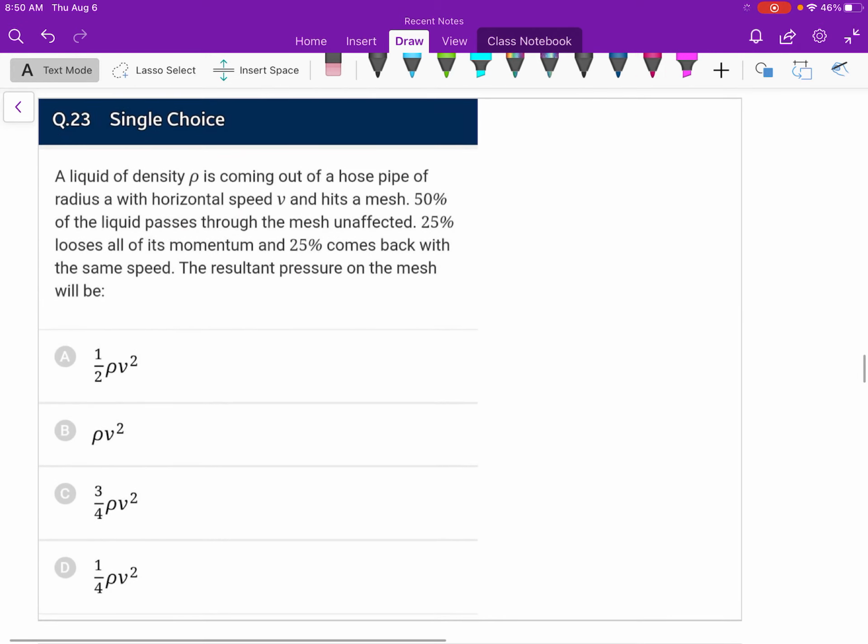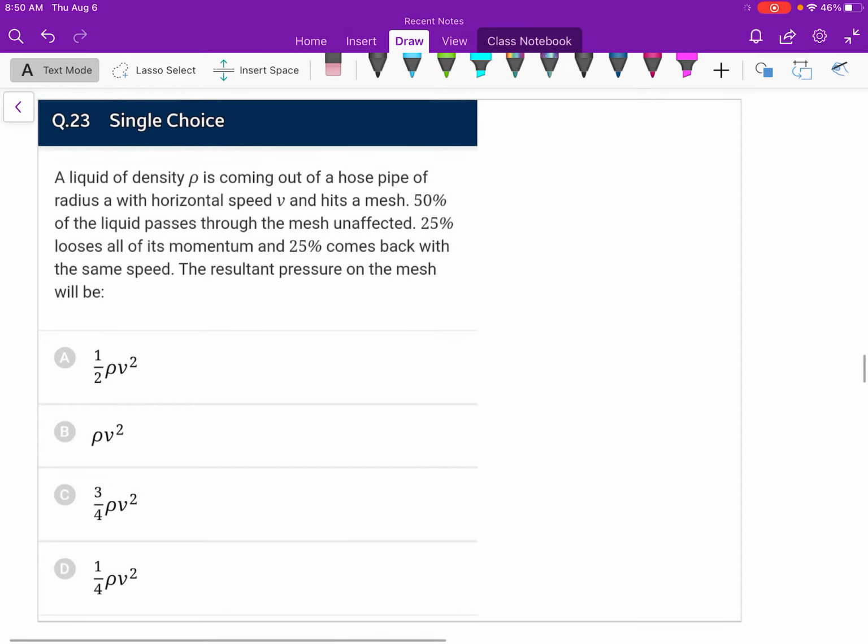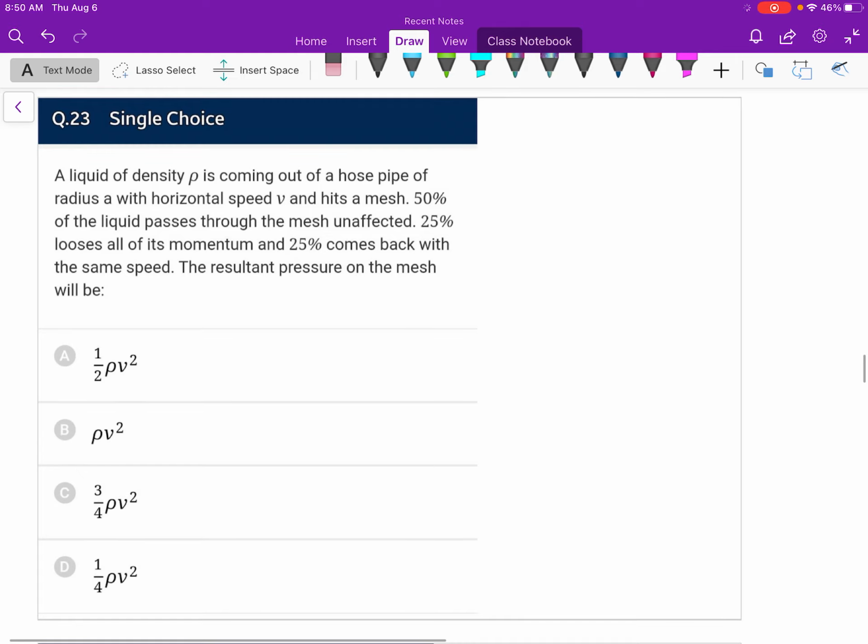A liquid of density rho is coming out of a hose pipe of radius r with a horizontal speed v and hits a mesh. 50% of the liquid passes through the mesh unaffected, 25% loses all its momentum, and 25% comes back with the same speed.